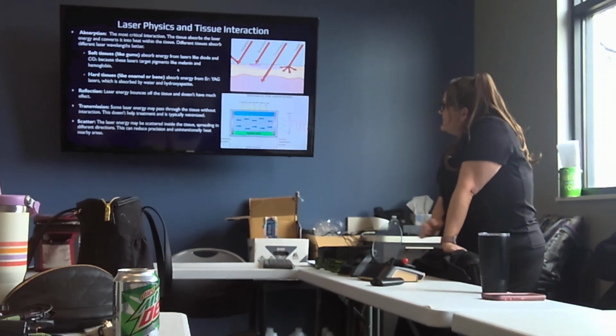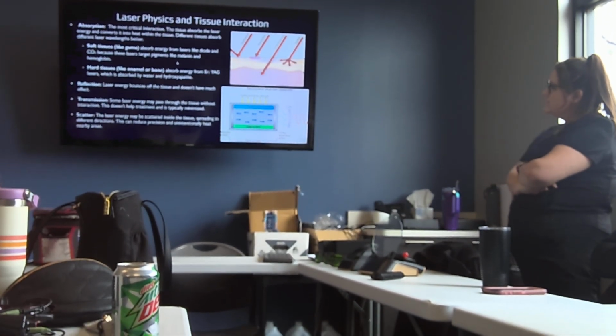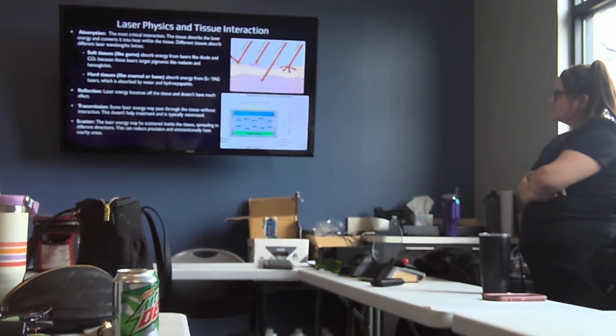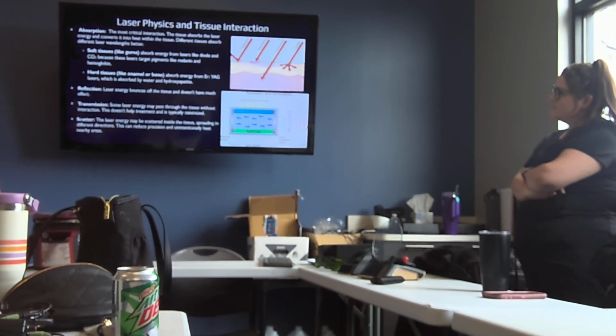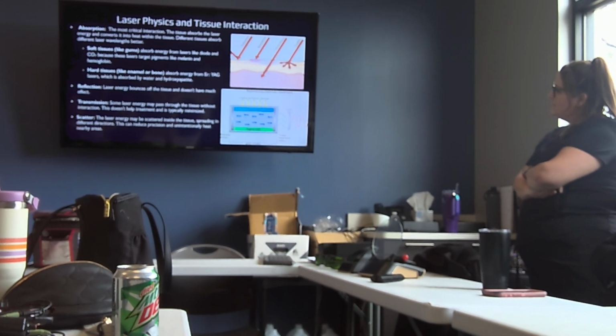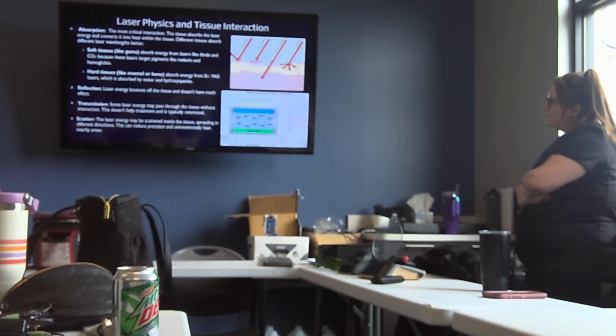So the laser physics and the tissue interaction, the way that it interacts with the tissue. Absorption is the most critical interaction. The tissue absorbs the laser energy and converts it into heat within the tissue. Each laser absorbs different wavelengths.